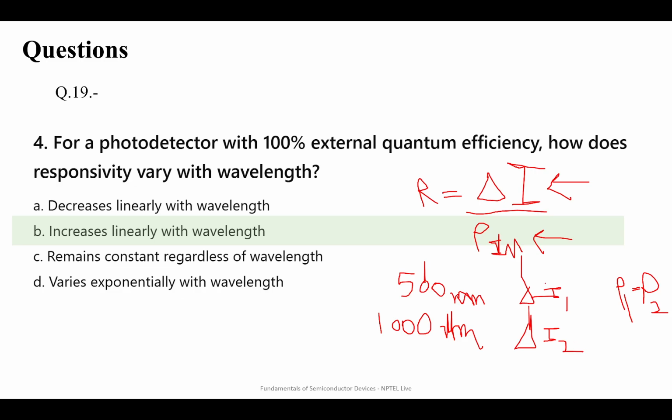Delta I2 will be greater than delta I1, because the responsivity R2 will be greater than R1. Responsivity is increasing with wavelength. The 1000 nanometer light is the higher wavelength, so R2 will be greater than R1, and my delta I2 will be greater than delta I1.